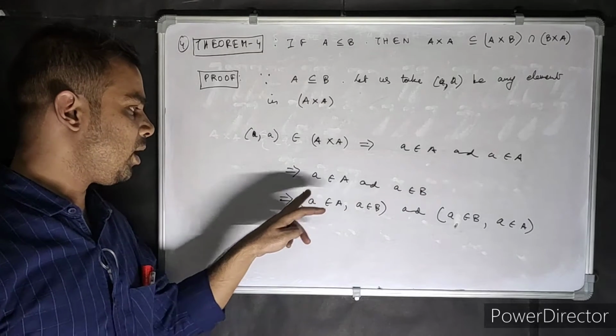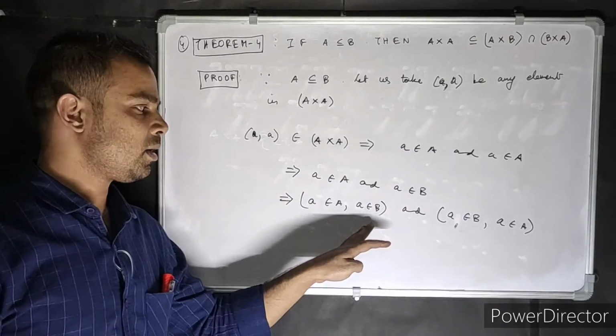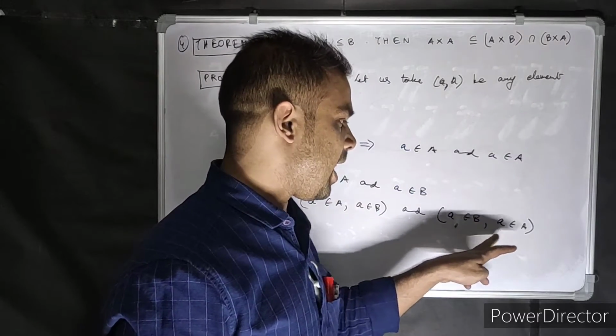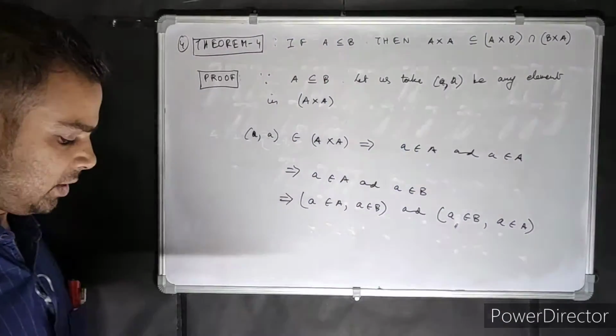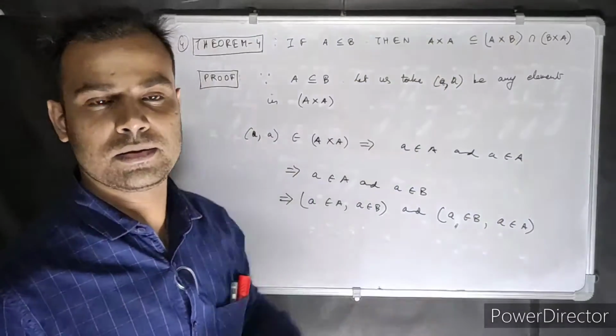Because the first a belongs to the A set and the second a belongs to the B set. Then we can also write that the first a belongs to the B set and the second a belongs to the A set. So this way we are trying to get something like this.